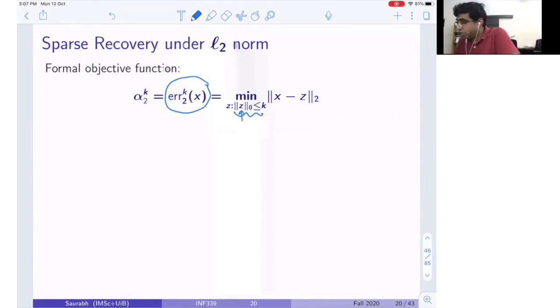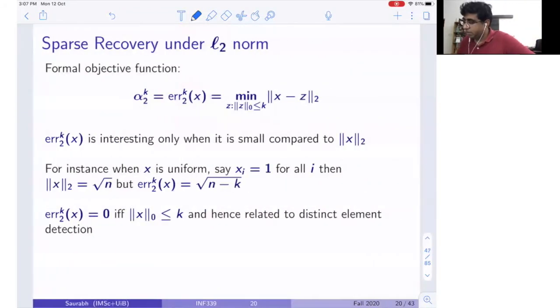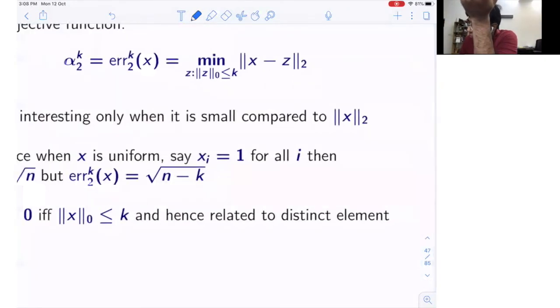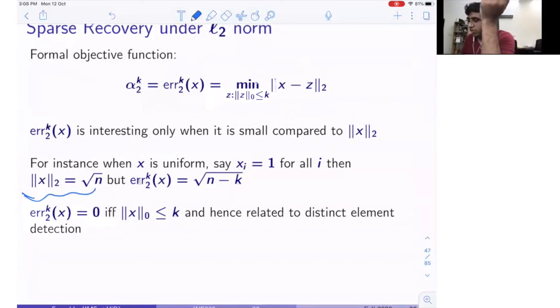Notice that this error term is interesting only when it is small compared to the norm of x. For instance, when x is uniform, say all x_i are 1, then the L2 norm of x is root n. But you will definitely incur an error of root of n minus k.